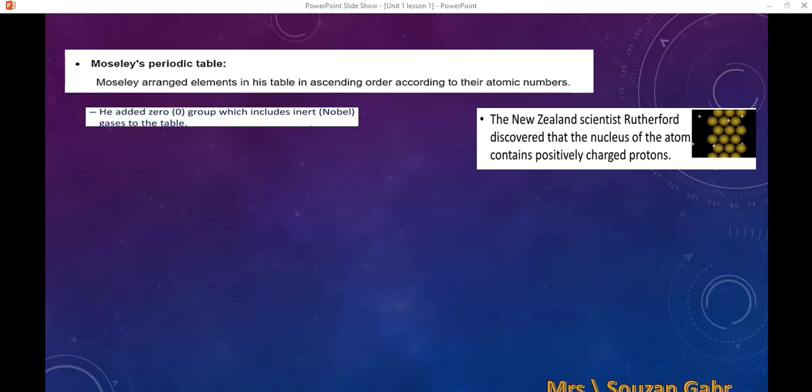Also, Moseley added the zero group. What is the zero group? Zero group is the group containing inert or noble gases. So he made a group and named the noble gases zero group.